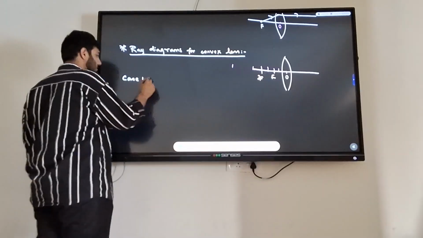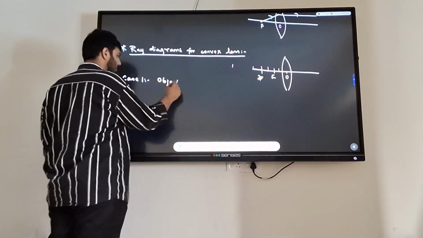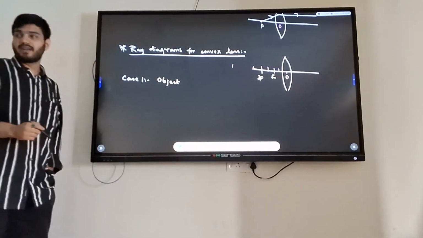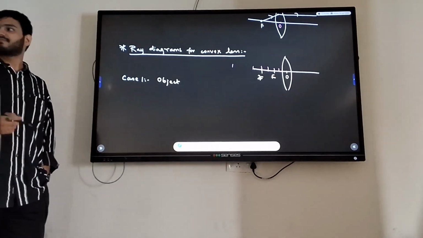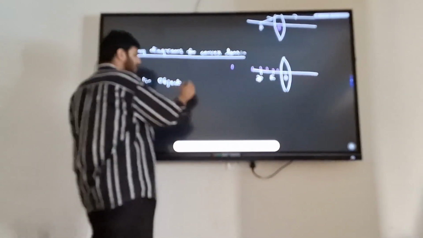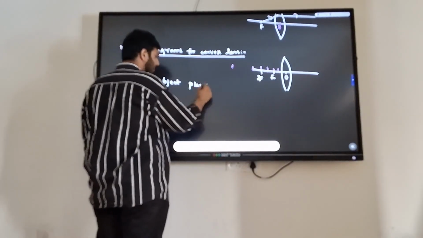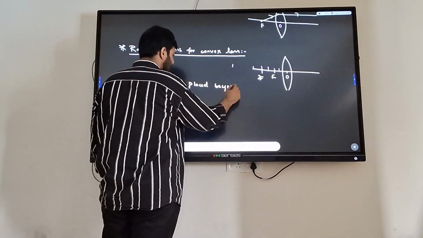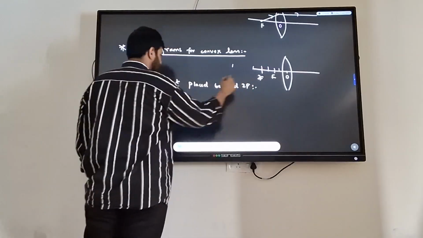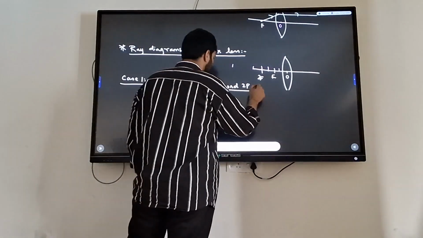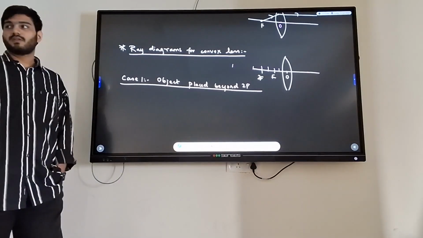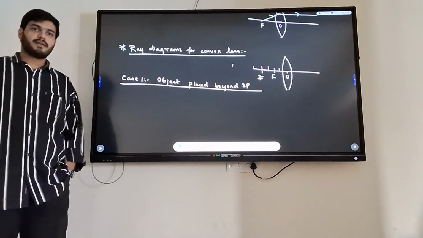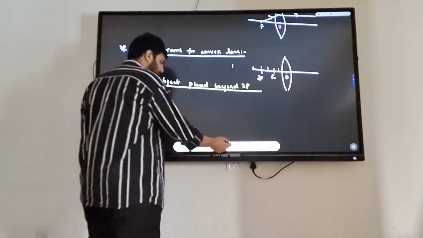Case 1, object placed beyond 2f. Is it okay? Place beyond 2f, then what will I find?